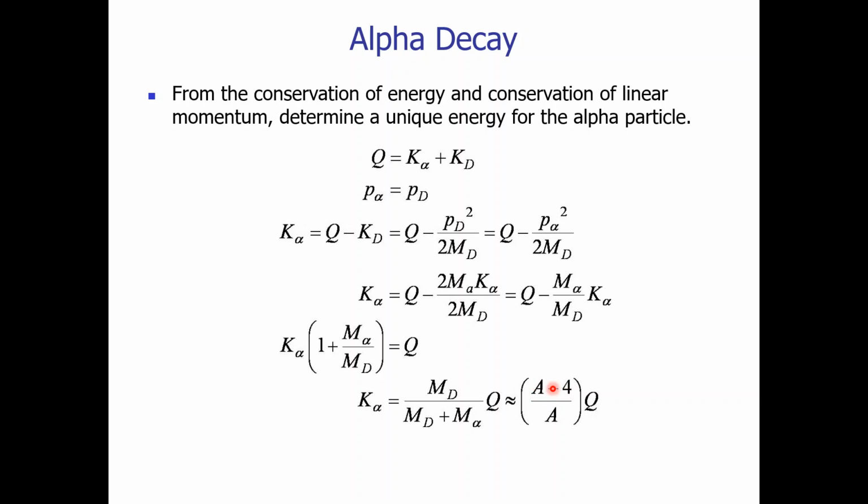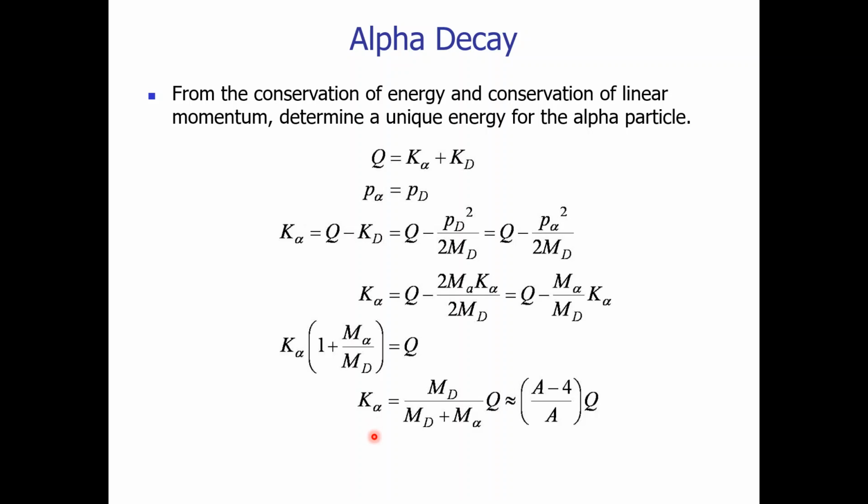The mass of the daughter nucleus plus the alpha particle in total equals the mass number of the parent nucleus, which we simply write as A, and this whole is multiplied by Q. This is the expression for the kinetic energy of the alpha particle.